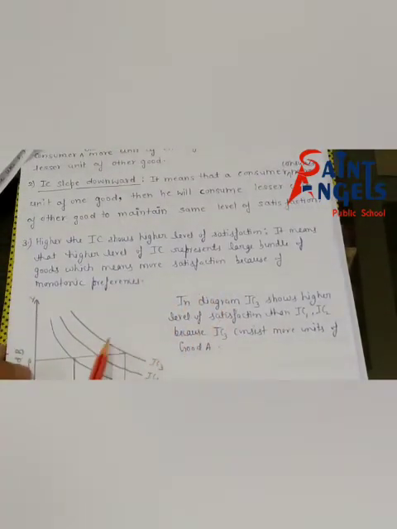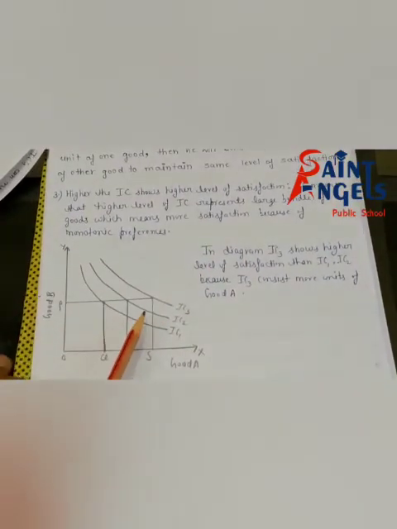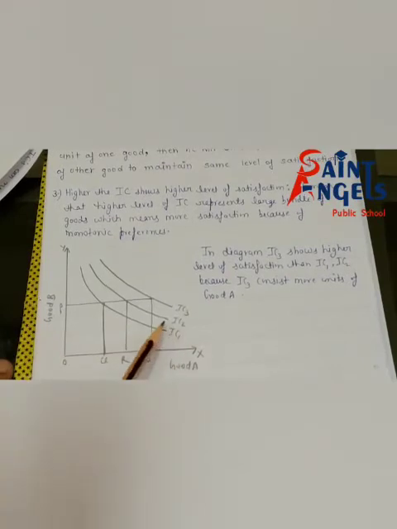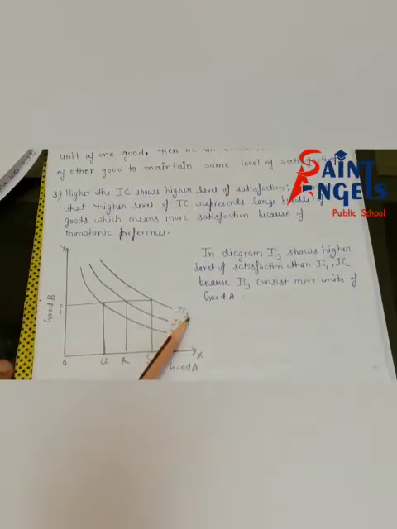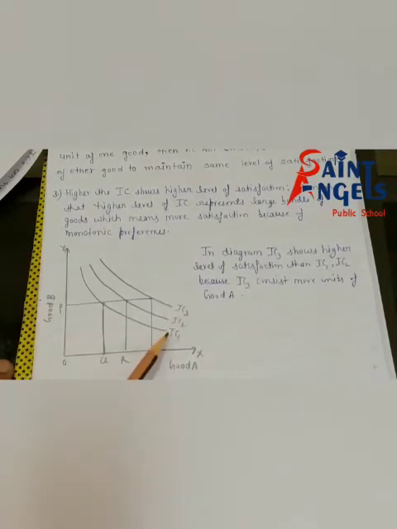Now see in this diagram, IC1, IC2 and IC3. IC2 is higher than IC1, and IC3 is higher than IC1 and IC2. In this diagram, the highest IC is IC3.